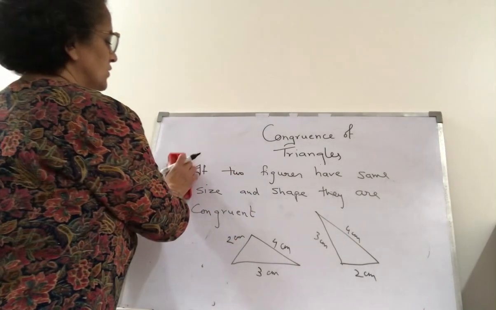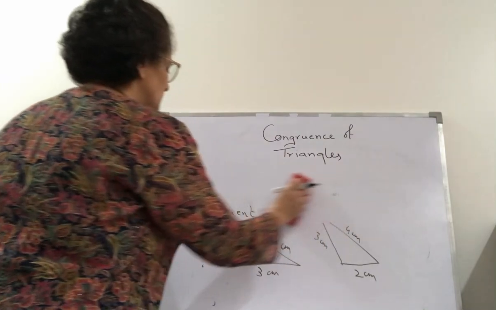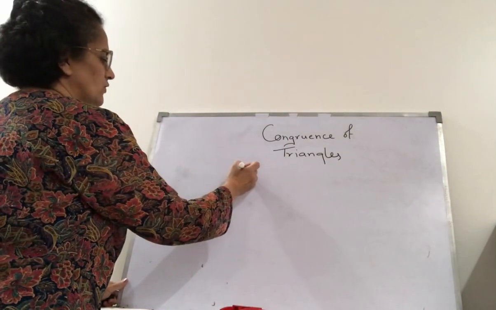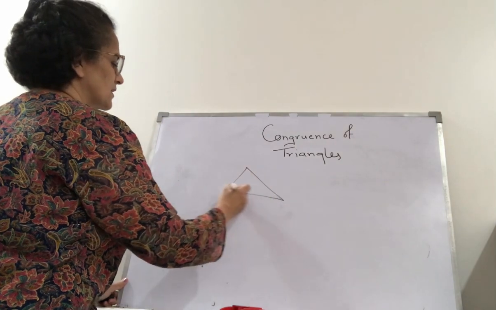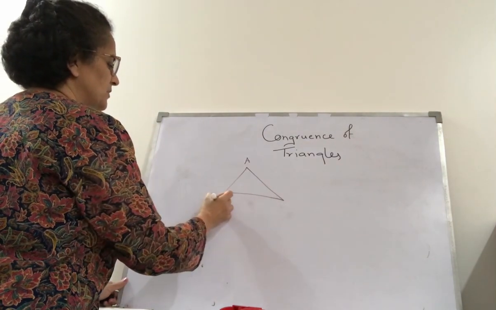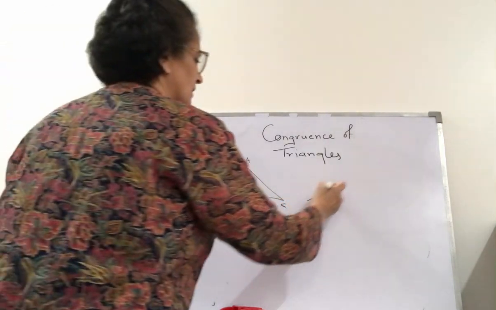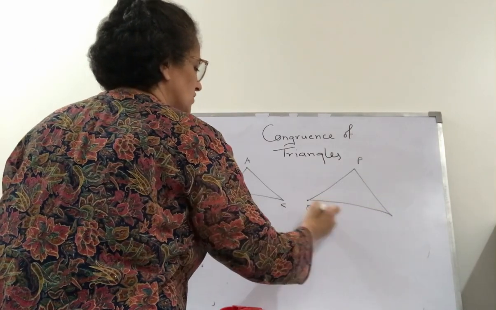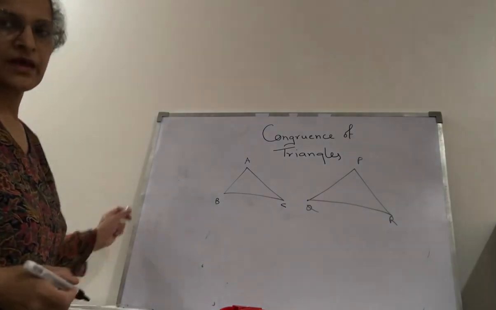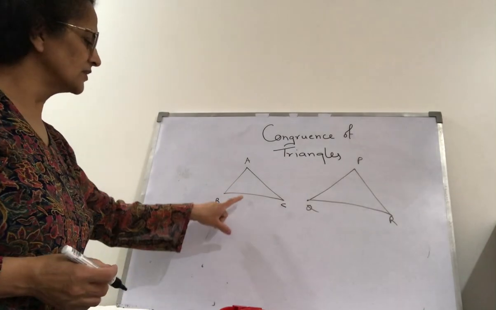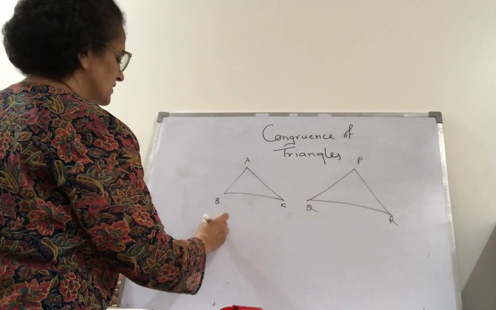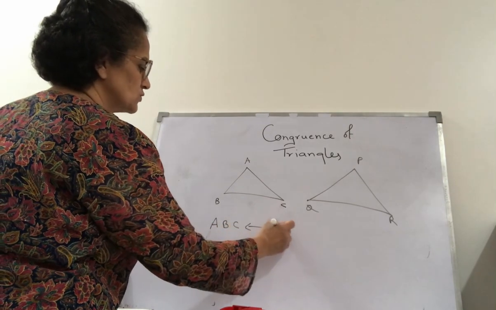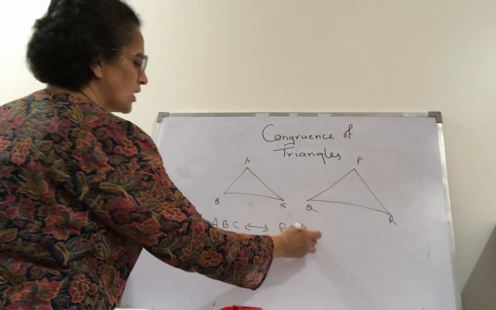Now let's talk about the correspondence. If I draw two triangles ABC, PQR, and they have given us the correspondence. ABC corresponds to PQR.